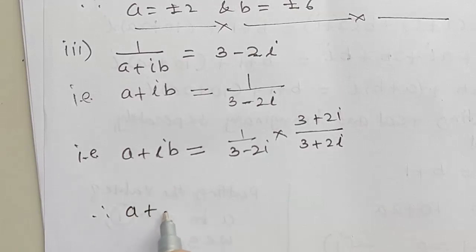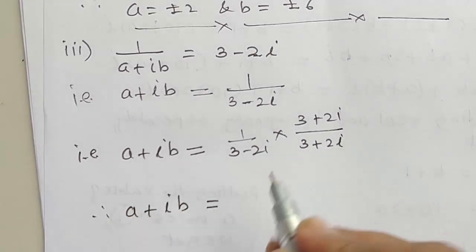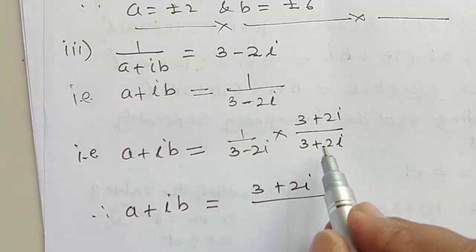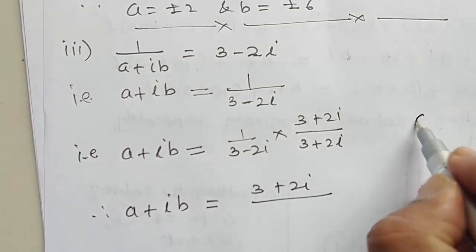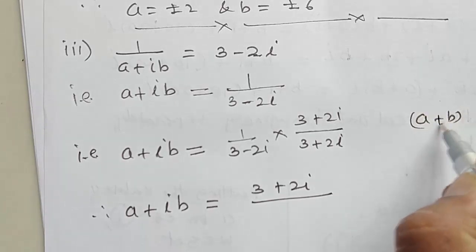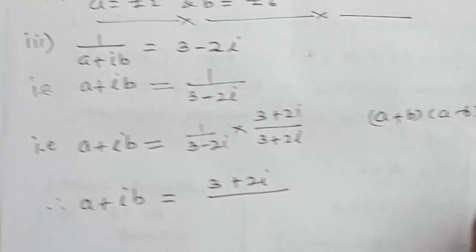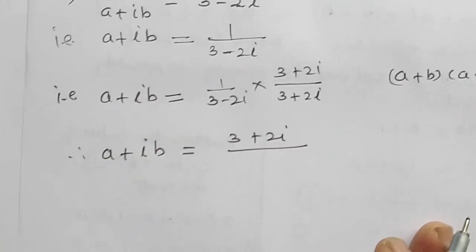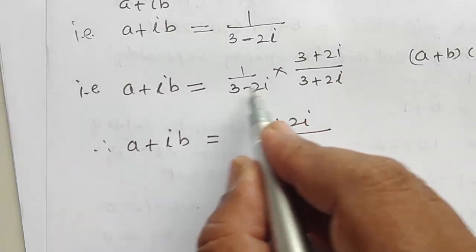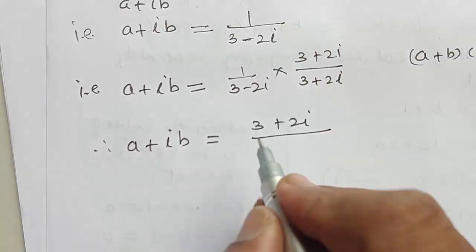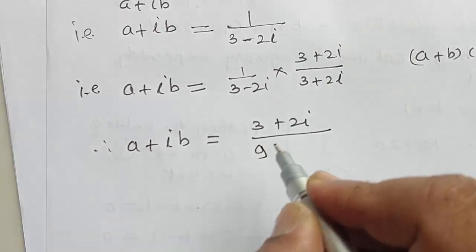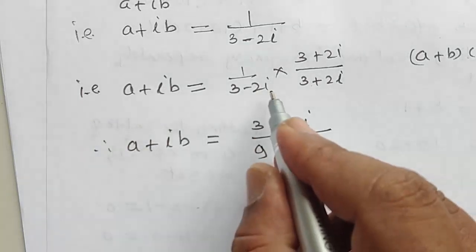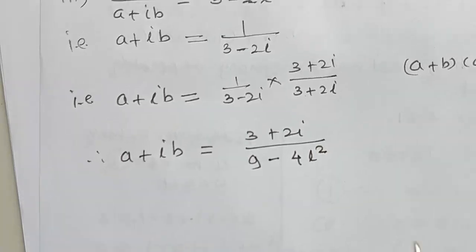a plus ib is equal to 3 plus 2i over (3 minus 2i) into (3 plus 2i). We know that (a plus b) into (a minus b) is equal to a square minus b square. Using this, 3 minus 2i times 3 plus 2i becomes 3 square, which is 9, minus 2 square, which is 4, i square.